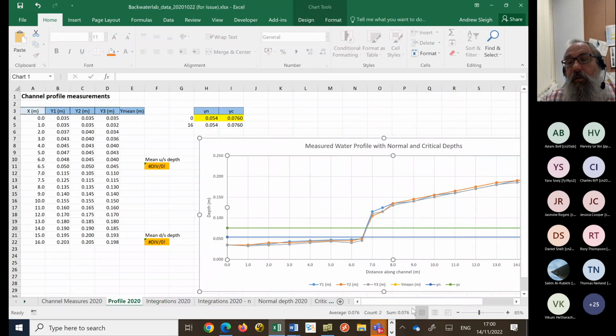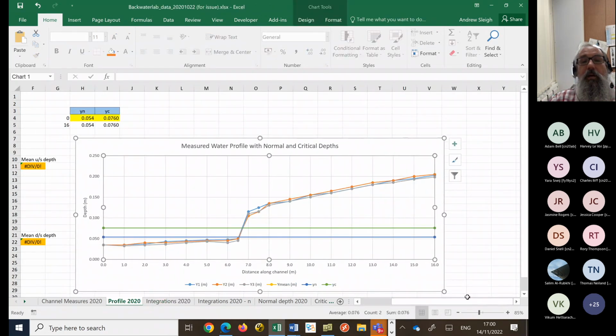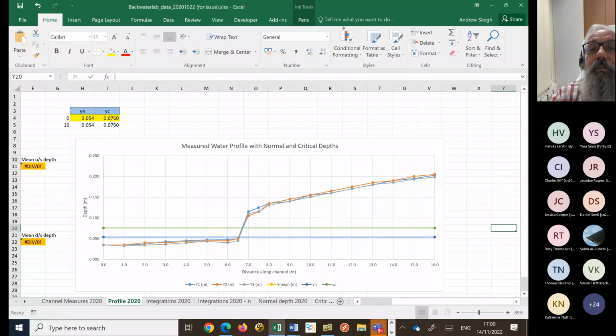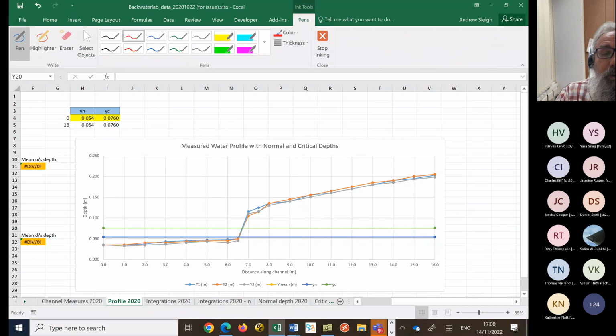Okay, so let's just think about the integration, and I'm going to do it on top of this profile picture that we've got, because it's on top of this that you really want to get the picture. Let's do the supercritical integration first. You're going to start at this point.